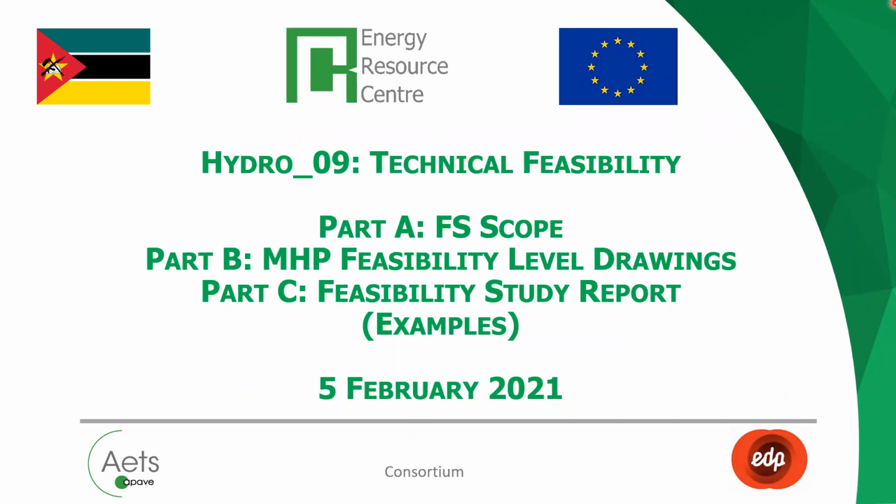And in the previous lectures, we covered different aspects of a technical feasibility study, starting with site selection, hydrological analysis, data analysis, then design of different components of the civil hydraulic structures, electromechanical structures.